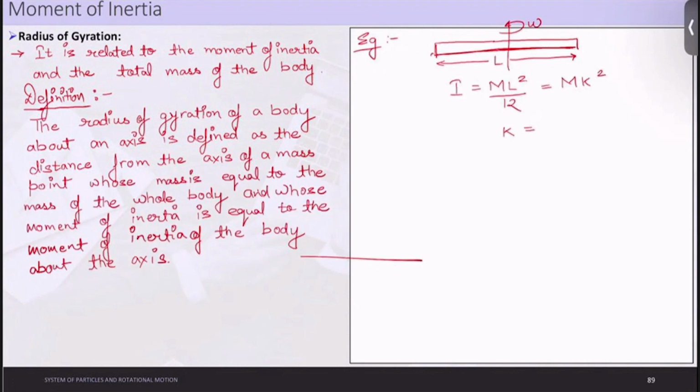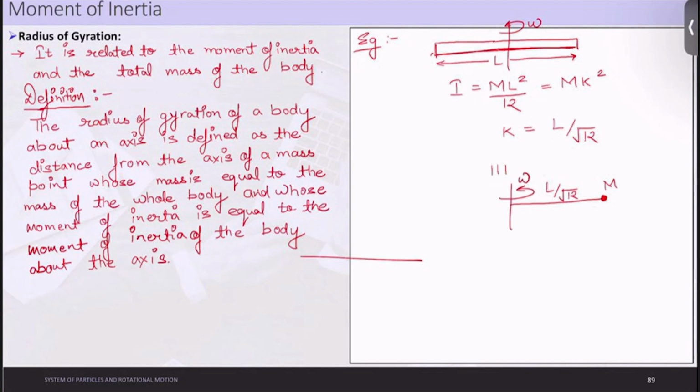The value of k is L upon root 12. So this L upon root 12 is called the radius of gyration of the body. We can basically say that this rod is equivalent to some mass M located at a distance of L by root 12 and rotating about an axis with omega.